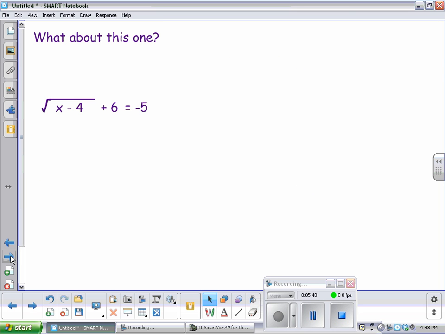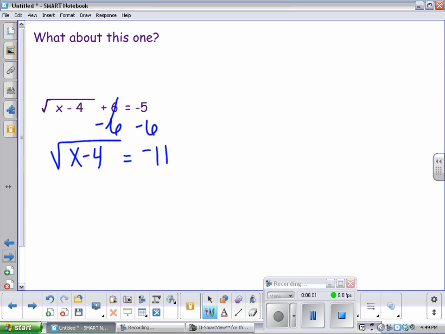And the last thing I want you to think about is this problem. You can start off by just solving it like the rest. There's a plus 6, so I need to subtract. Square root of x minus 4 equals negative 5 minus 6 is negative 11. And then I can square both sides.